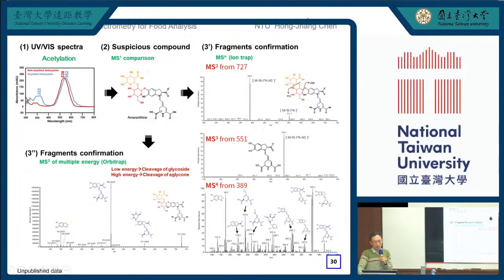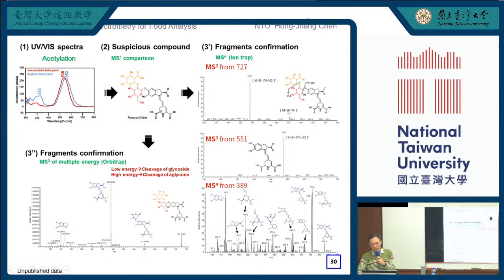In this case, the m/z of this compound is 727. So in MS1 we detect 727, and then we do MS/MS, so we gain the MS2 spectrum. Here we find that 727 fragments into 551 and 389. Again, I collect just 551 and do a second fragmentation, MS3.